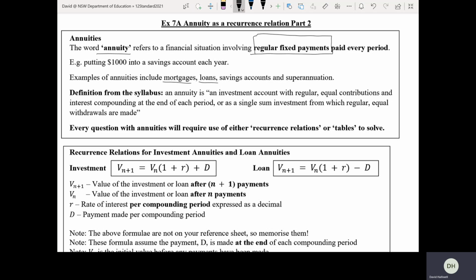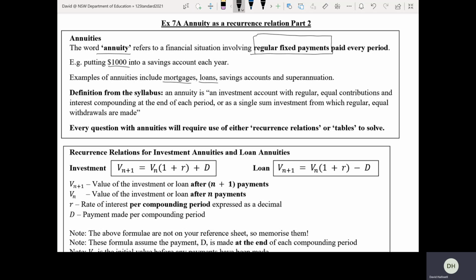Other types of loans, for example, car loans, are other examples of annuities. So we've got loans as being examples of annuities, and the other type is investments. So things like a savings account, for example, putting $1,000 into a savings account each year, or superannuation. Now, superannuation is probably the best known example of an annuity.